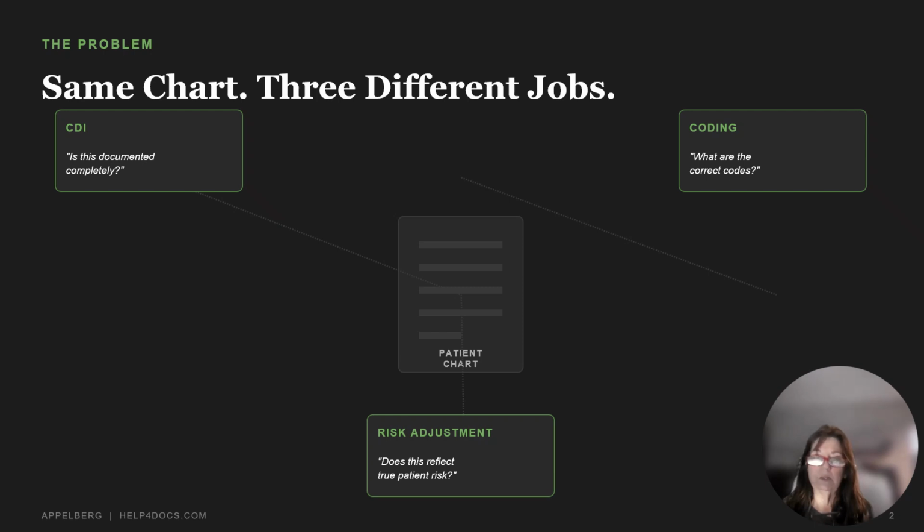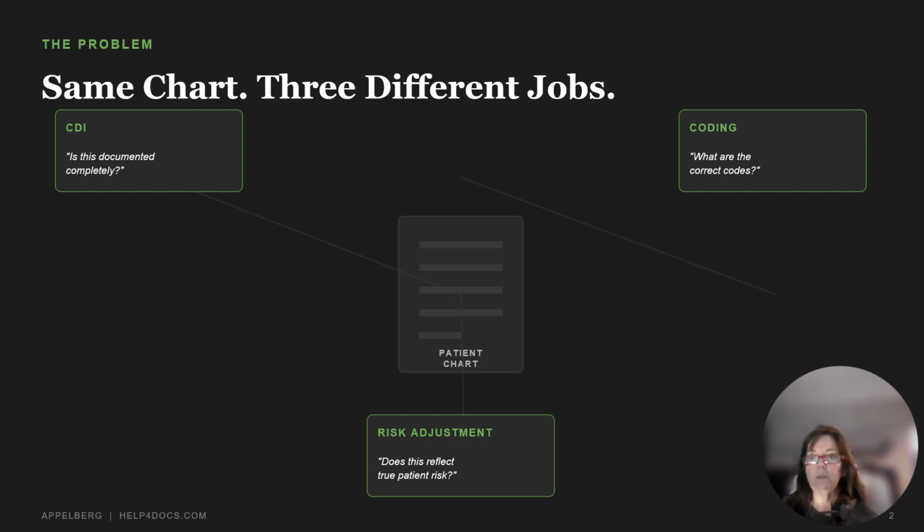It's the same source, the same chart, same notes, and same diagnoses. That's the source of confusion. If three people are staring at one document, it seems like they would all be doing the same job, but they're not. They're asking completely different questions about that chart.